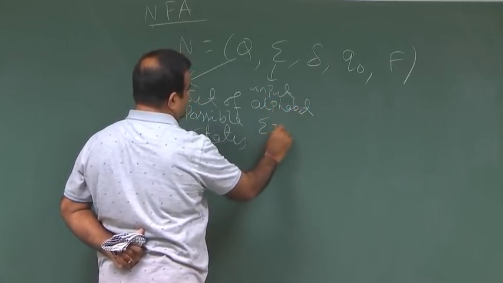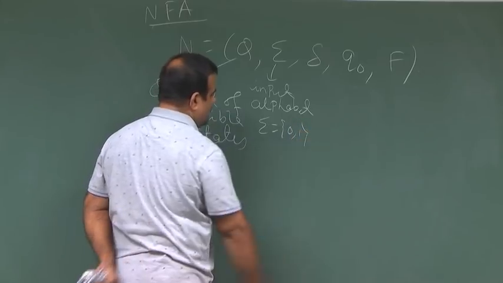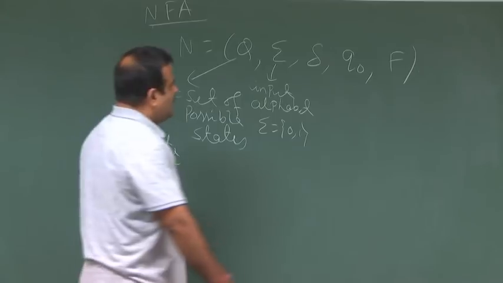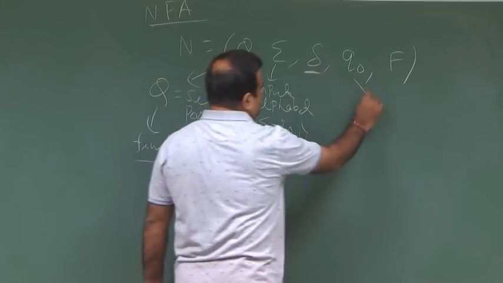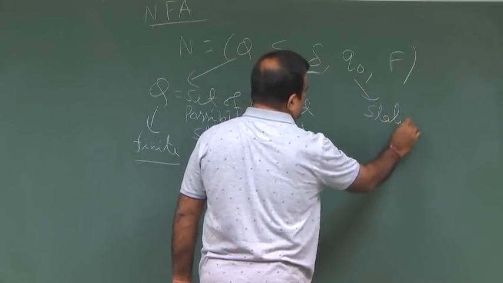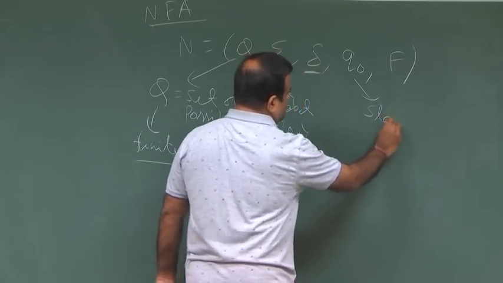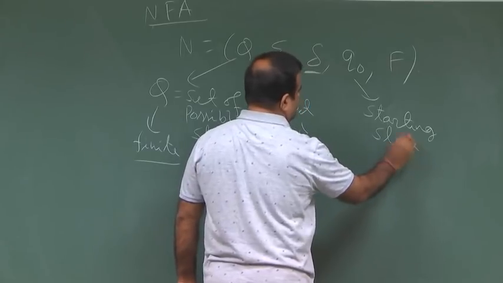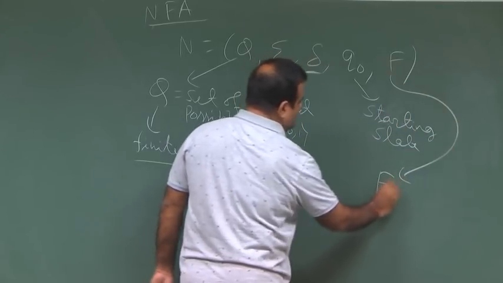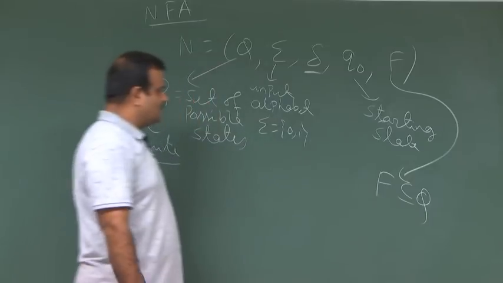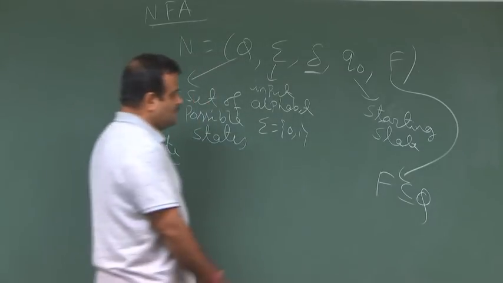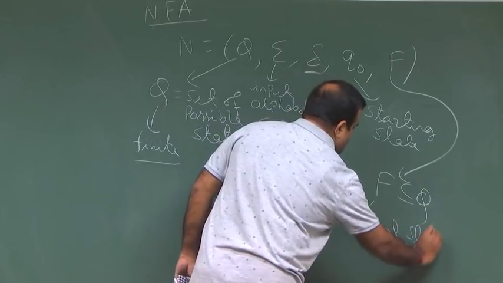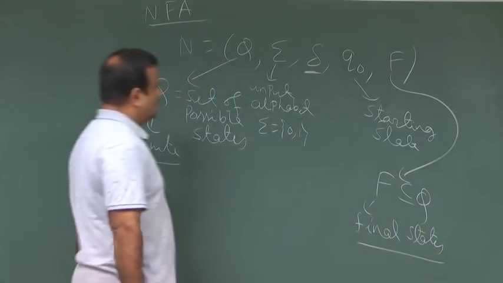If it is binary, then it is 0 1, but in general it could be any finite set. This we will define. So this is a starting state or the initial state, and this is again a subset of Q, which is the set of all final states. There could be one or more final states.